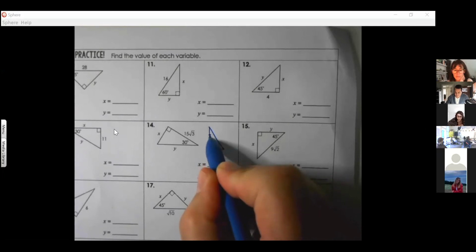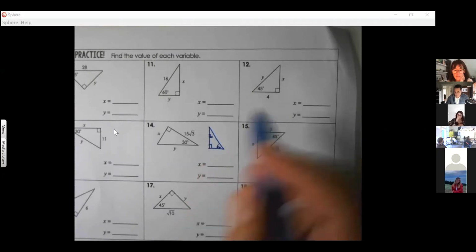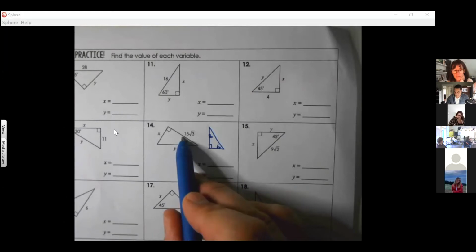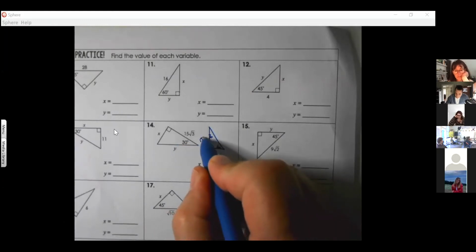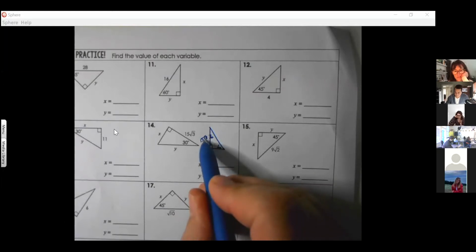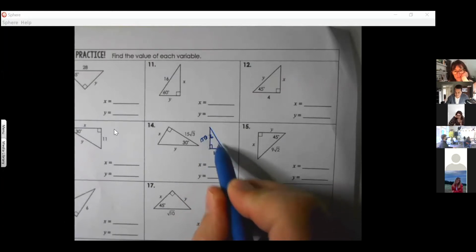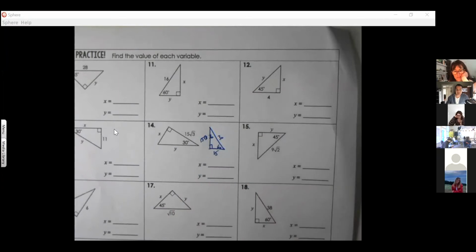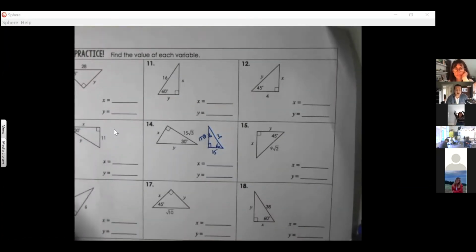You're used to seeing 30, 60, 90. And so now in this case, that would be opposite the 60. So I'd put the 15 root 3 there. And maybe by seeing that, it's easier for you to say, okay, so I know what's down here has to be the 15 and this is going to be the 30 because that's my relationship. So consider redrawing the triangles to help you orient it.